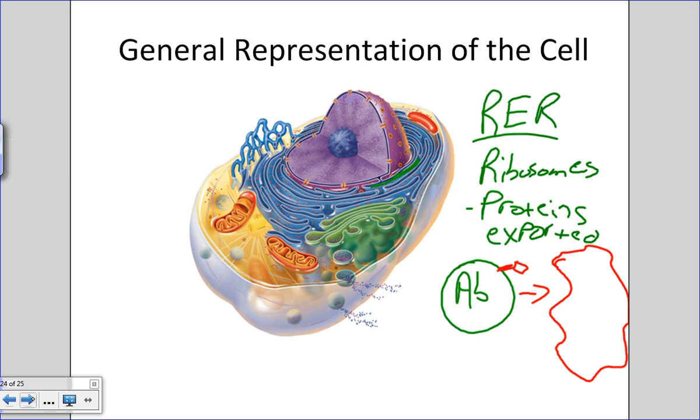And these plasma cells are basically just nucleus and almost all rough endoplasmic reticulum. And this rough endoplasmic reticulum, like I said, its main job is producing proteins that are to be exported out of the cell.